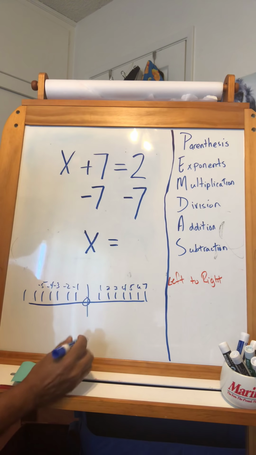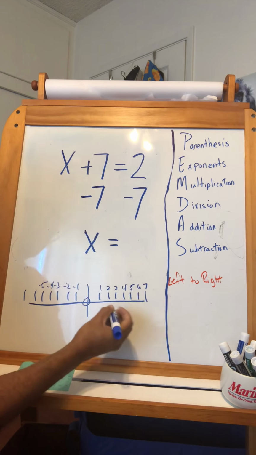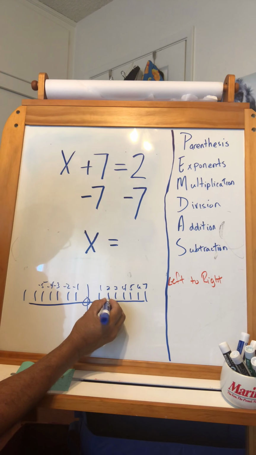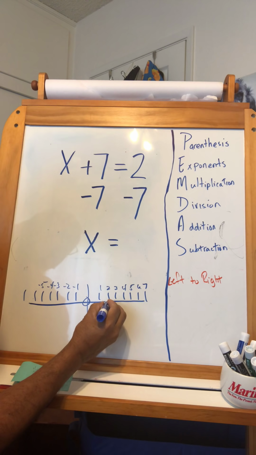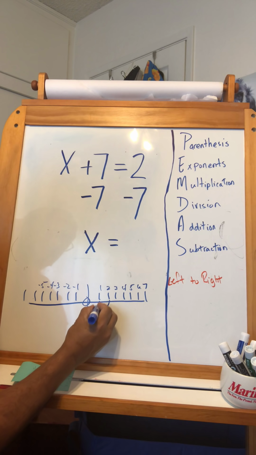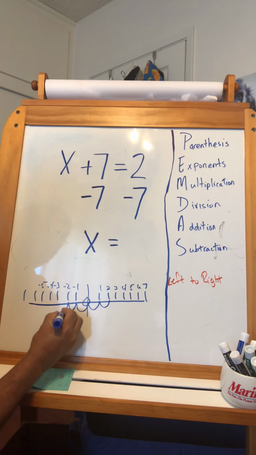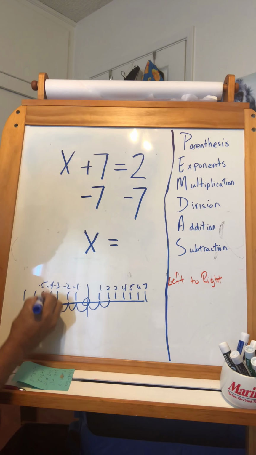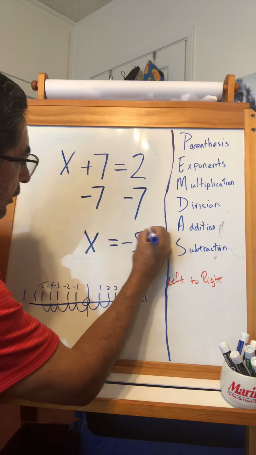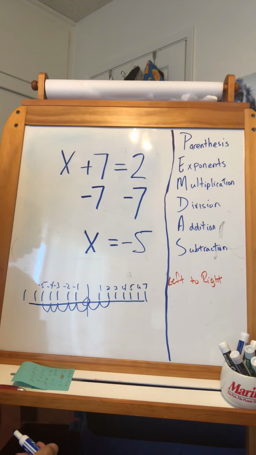So I'm starting on positive 2, minus 7. That means I have to go this way. Negative is always left. So 1, 2, 3, 4, 5, 6, 7. Negative 5. And that's my answer. In this case, x is negative 5.